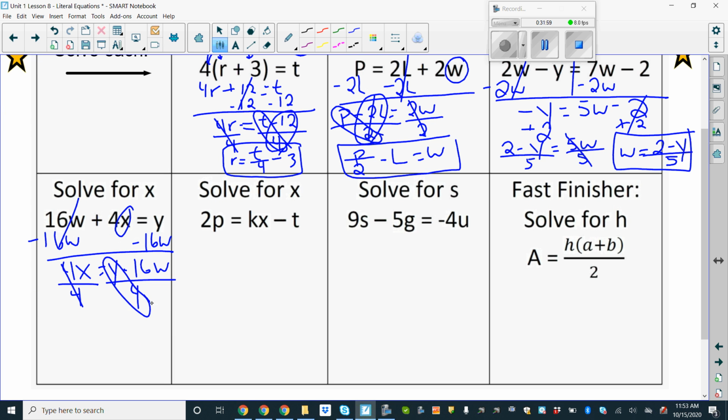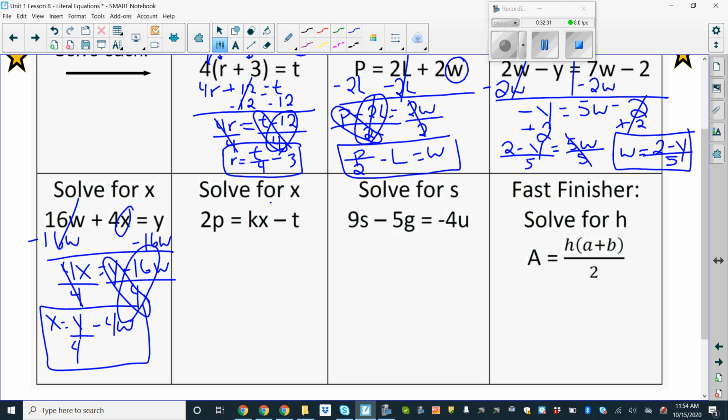Y divided by 4, because that cannot be simplified, but negative 16W divided by 4 is negative 4, and then we just leave the W attached, so that is our answer. The W does not cancel out because there's nothing to cancel it out with, so you just leave it attached to whatever the math of negative 16 divided by 4 is.